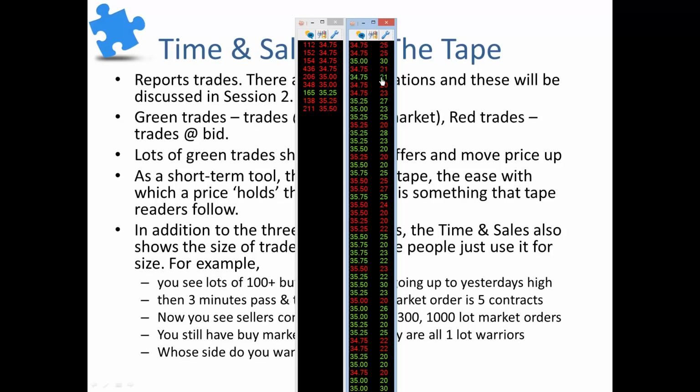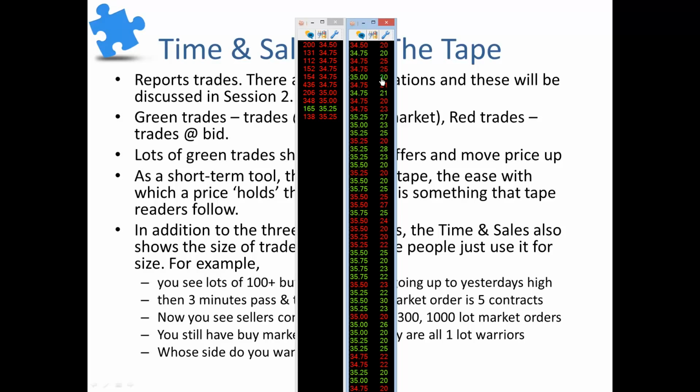The first element of a reversal is absorption, and with absorption, you're going to see a stream of prints, mostly on one side. Let's talk about absorption on the ceiling, on the limit order, on the offer side, where we've got buy market orders buying into the offer.